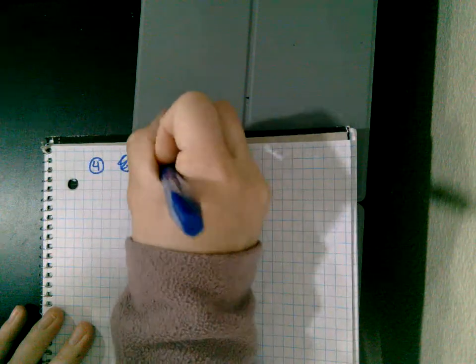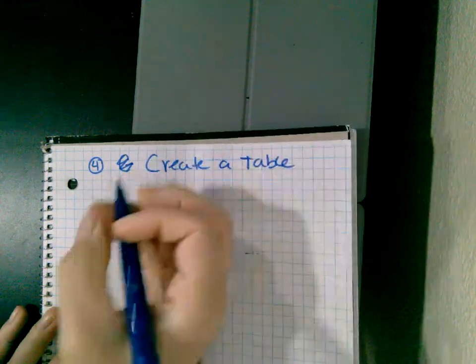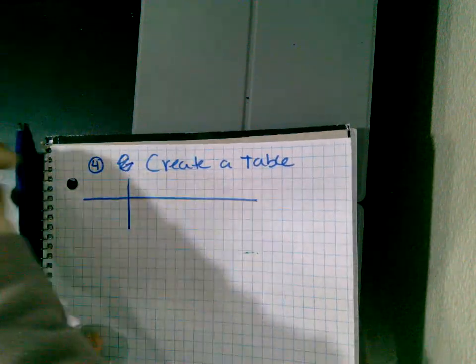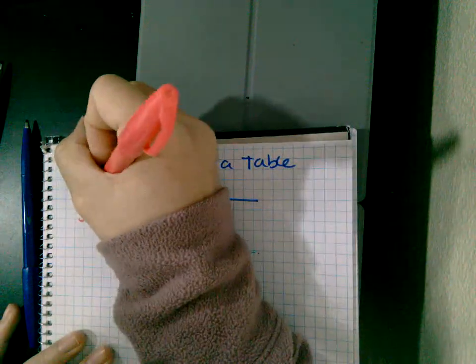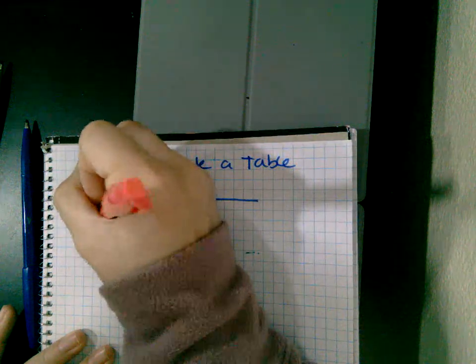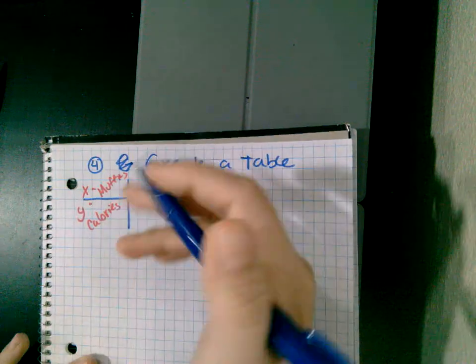Create a table. X and Y. X is muffins, Y is calories.